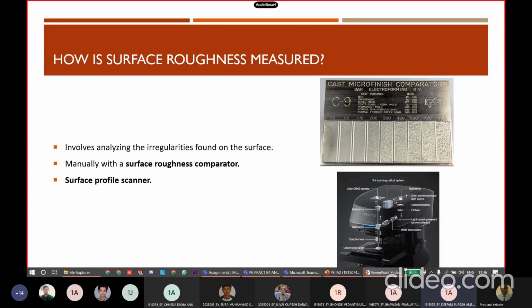It is a contact method of finish measurement that employs a stylus that is automatically driven across the sample surface. The stylus observes and records the peaks and valleys of the surface, typically perpendicular to the lay of the surface. So these two methods are widely used to find out the RA value of the surface given.